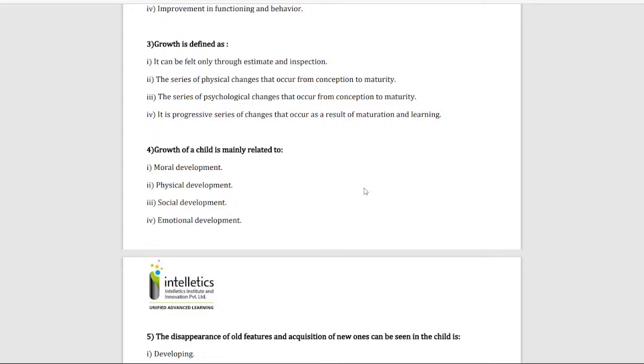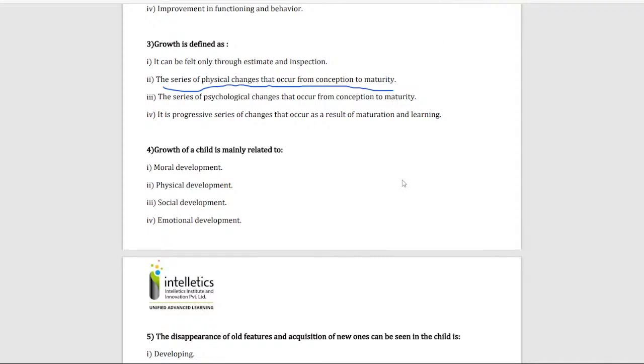So, which is the other way for defining growth? For the third question, any guesses? The answer is going to be 2. It's a series of physical changes that occur from conception to maturity.